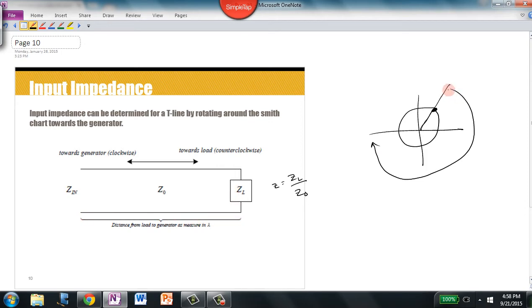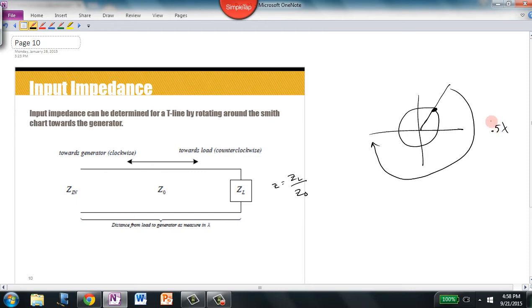What you have to keep in mind is that one full rotation around the Smith chart is equal to 0.5 lambda. So every time I rotate 360 degrees, I've covered 0.5 lambda.